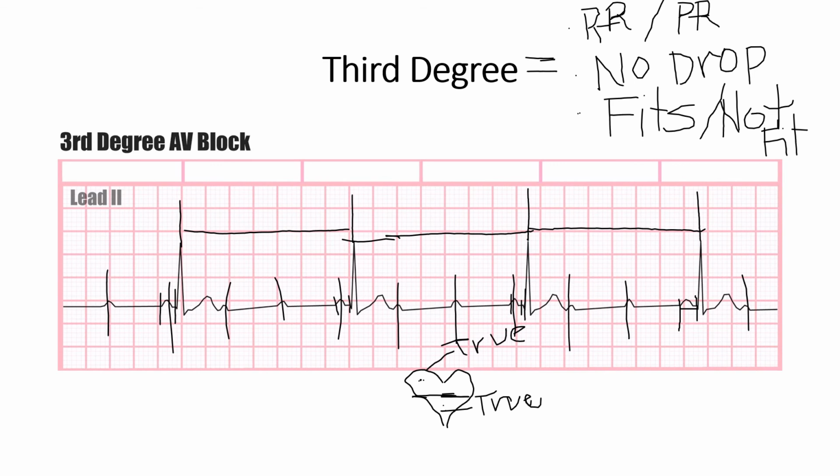You have two pacers, one from SA, one from AV, and that's why we don't like it, because it's deadly. You need to get them out of this rhythm. So, you guys know you need to call the doctor and get the patient on some sort of pacer, manual pacing. Yeah? All right, I hope this helps.